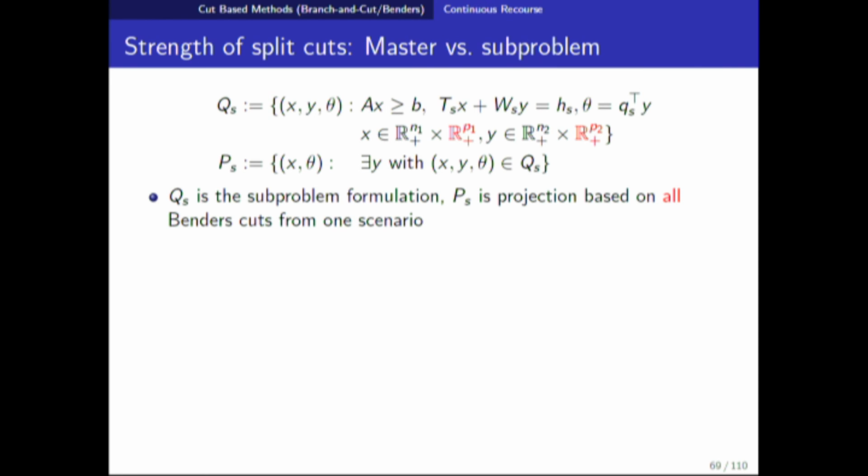And P_s is going to be the projection onto just the first stage variables, which is the x and that theta. So it's a set of x and theta where I could find a y that satisfies all these other constraints. And so when I'm generating cuts in the master problem space, it's kind of like I'm generating cuts in the space of variables P_s, where maybe I take advantage of the fact that I know some of the x variables are integer.